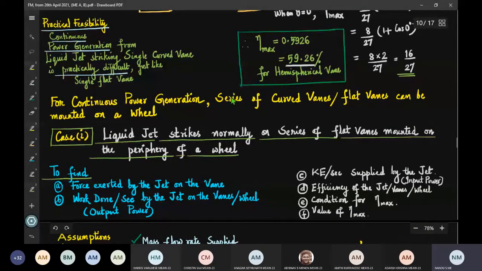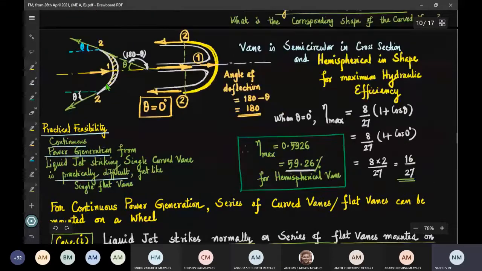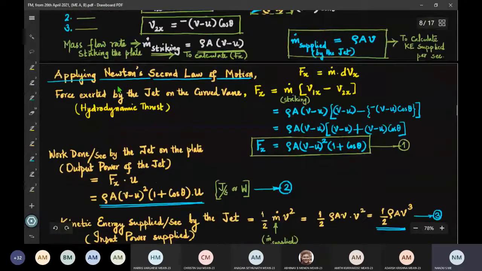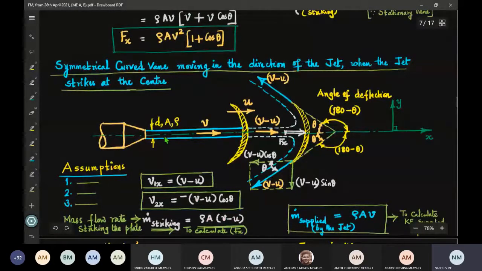And as we told in the case of the flat moving vane, if you want to extract power continuously and consistently by using this method, the practical viability is an issue, or the method is not practically feasible, because you know that in this case, as the jet strikes, the plate moves away from the jet, and we cannot sustain the jet horizontal for a longer distance.